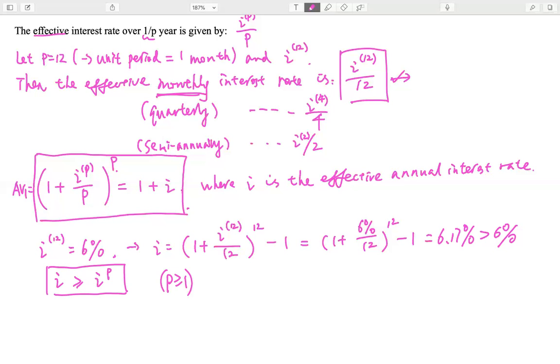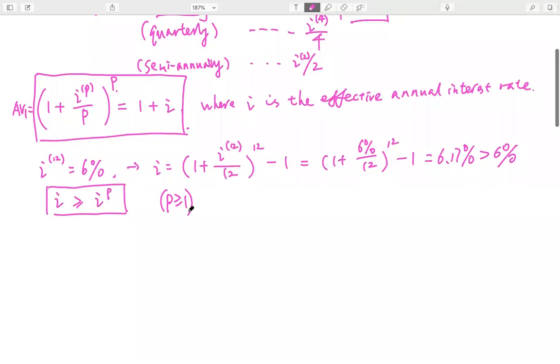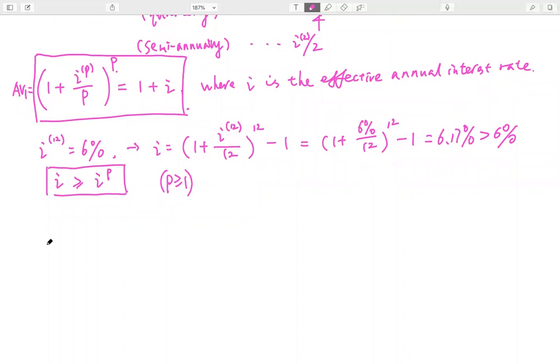What if I want to get a relation between two different nominal interest rates at different frequency? All I need to do is repeat what I just wrote one more time.